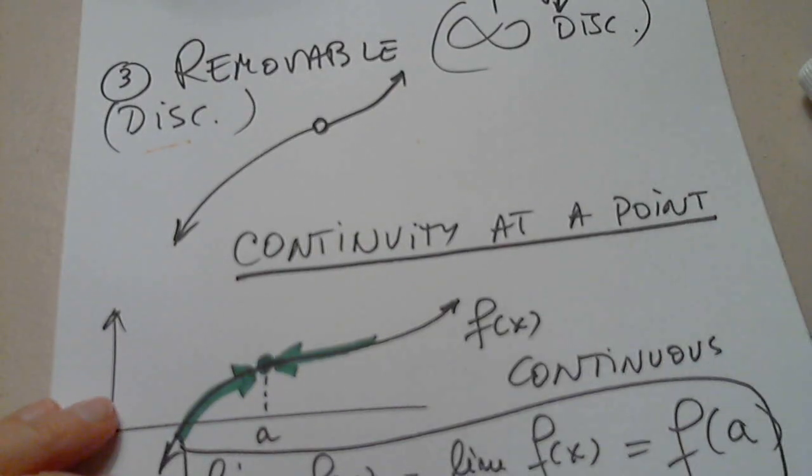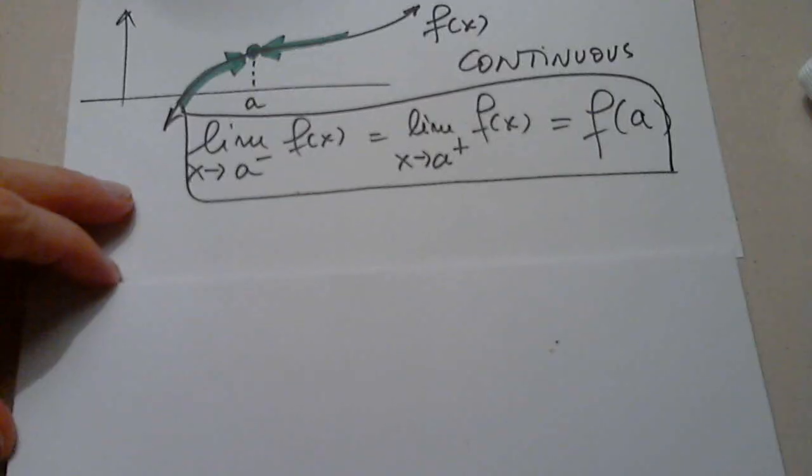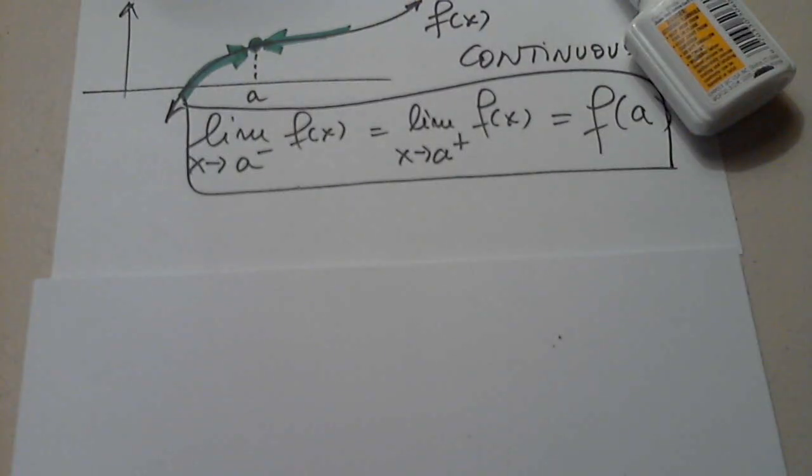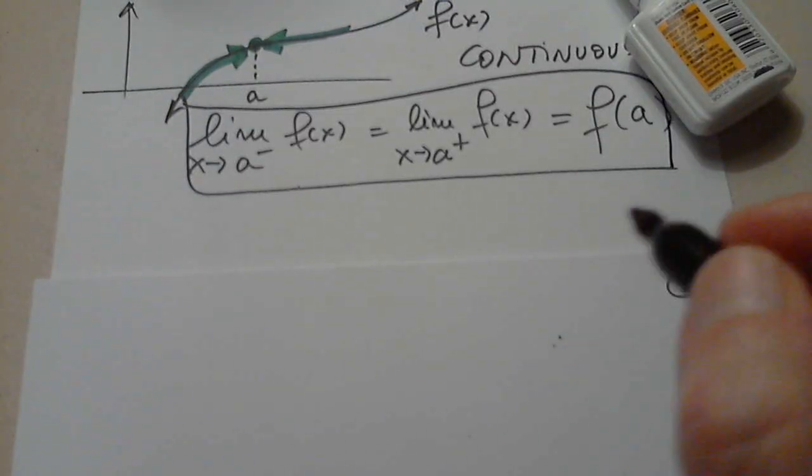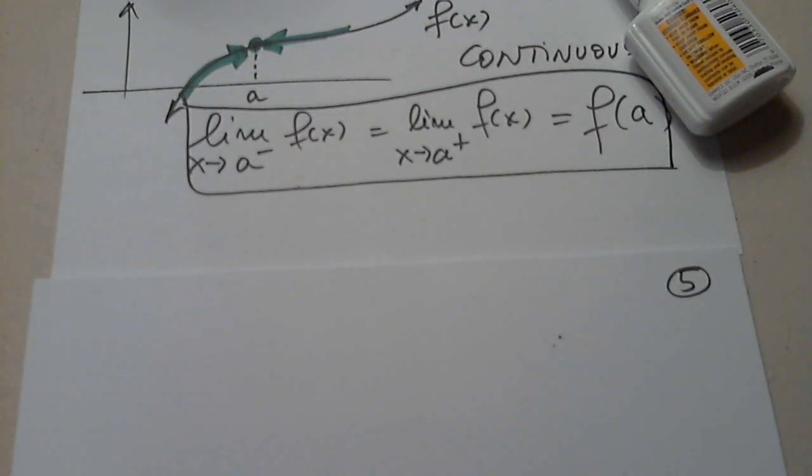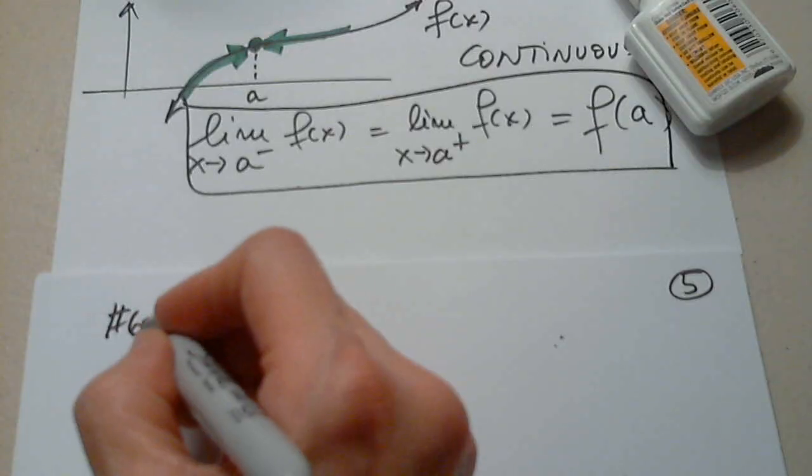Okay, so let's look at a problem and analyze the situation and see if the function is continuous at a particular point. So let's say 63.